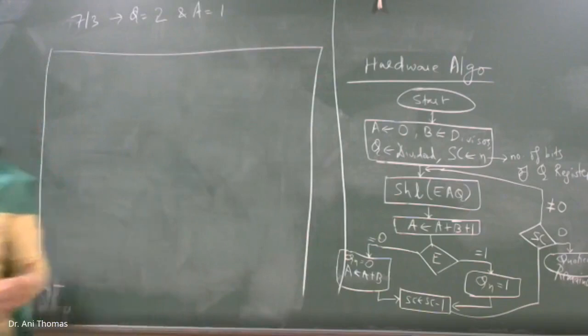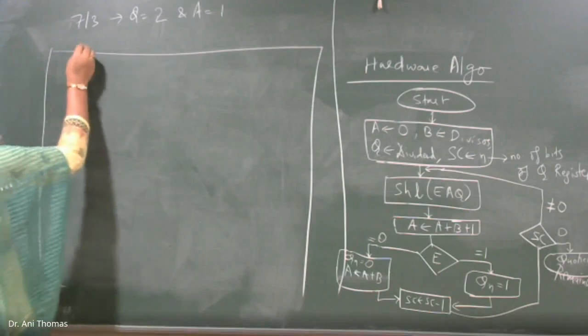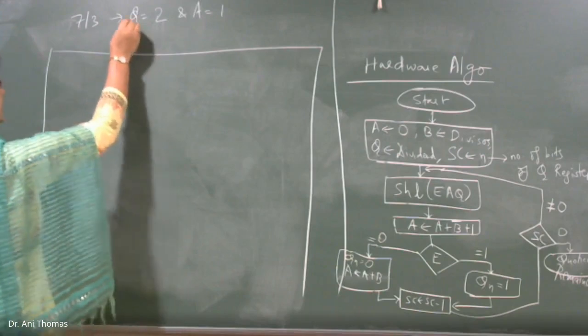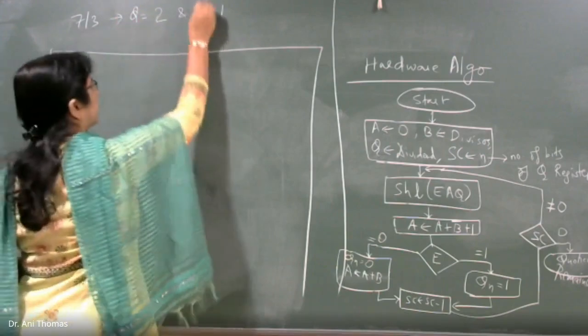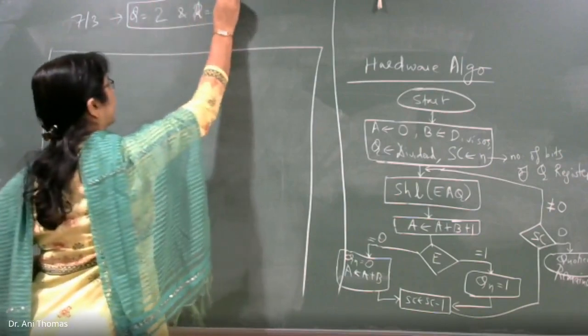Based on this algorithm, if we are dividing 7 and 3, then what will be the values of Q and A? For us, this is the end result, quotient and remainder. Now we are not concentrating on it.